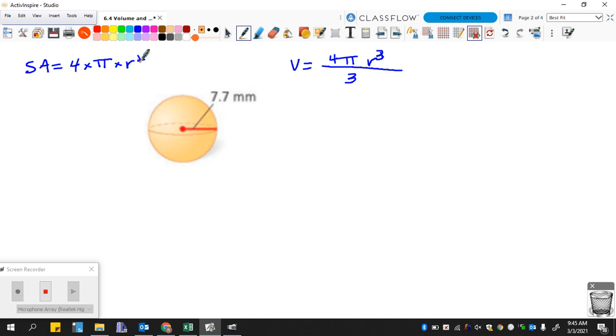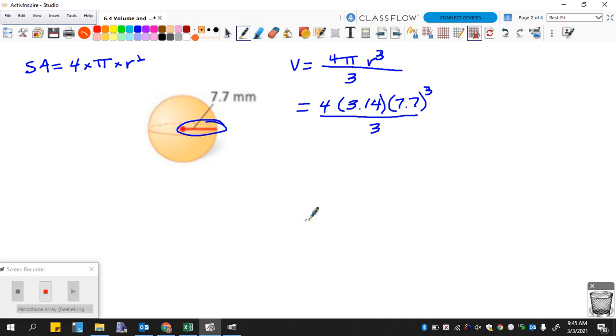Okay? All right, so we're given that our radius right here is 7.7, so we're just going to plug that in. Okay, so we're going to say 4 times 3.14 times 7.7 to the third power. All of that divided by 3.